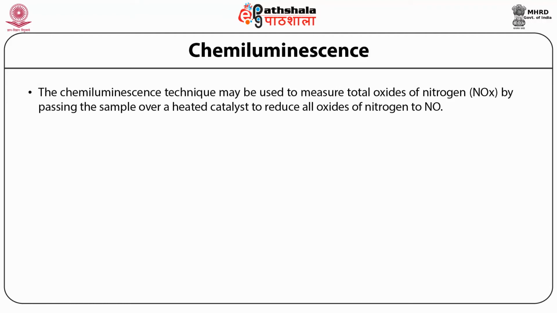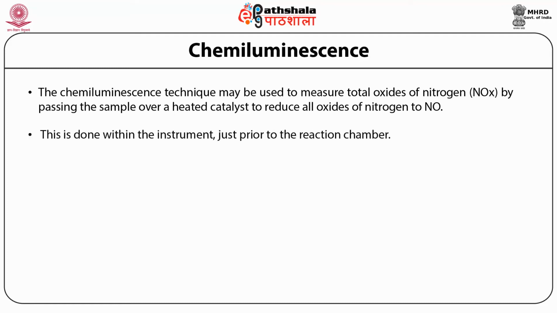The chemiluminescence technique may be used to measure total oxides of nitrogen by passing the sample over a heated catalyst to reduce all oxides of nitrogen to nitric oxide. This is done within the instrument just prior to the reaction chamber.